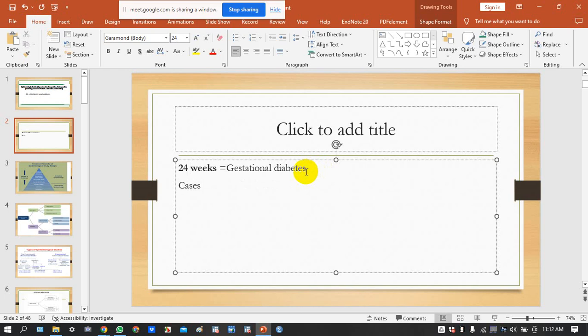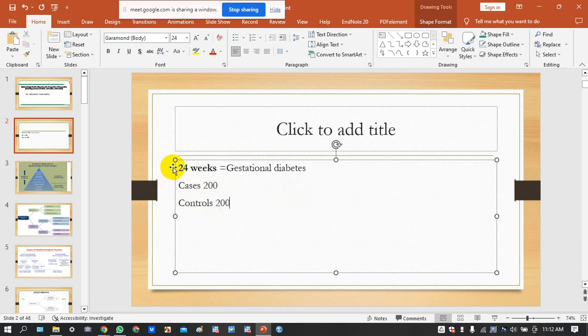So if you have about 200 cases, then the controls will also be 200 controls. For gestational diabetes, those who developed it are the cases, and those who did not develop it are the controls.